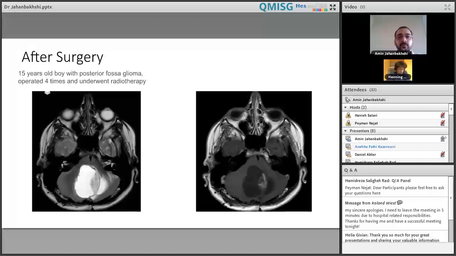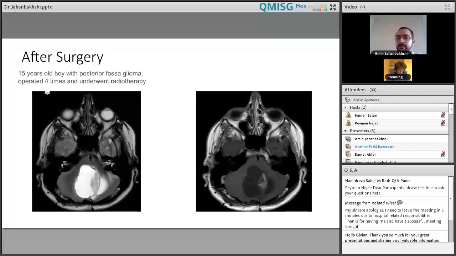He had 4 surgeries, and he underwent radiotherapy. When he was referred to us, he had this lesion you can see in the MRI with faint contrast enhancement. It could be something related to radiotherapy, or maybe the recurrence of tumor.